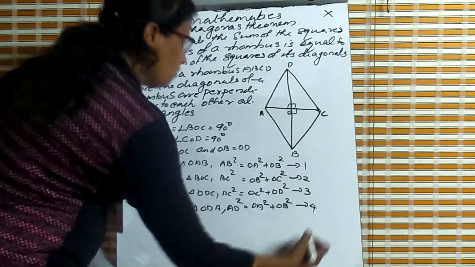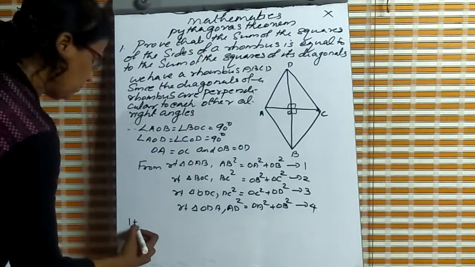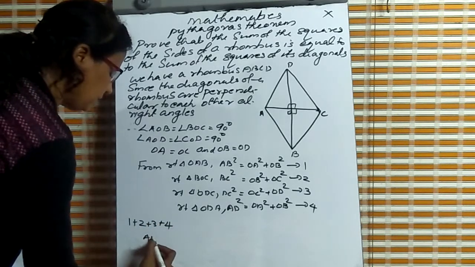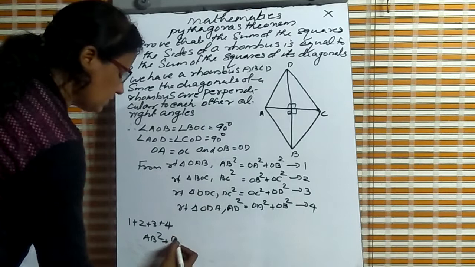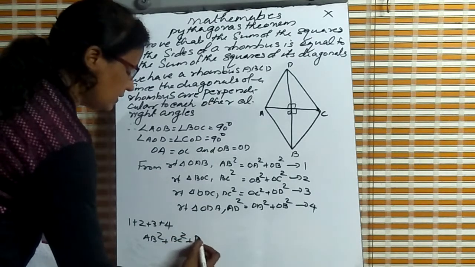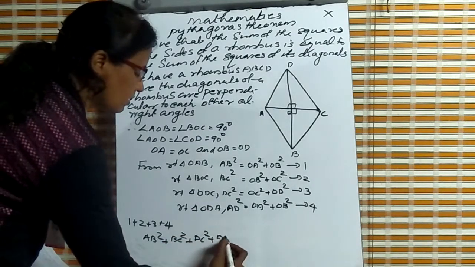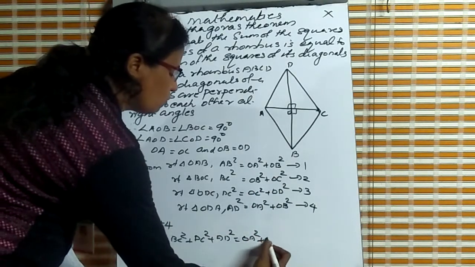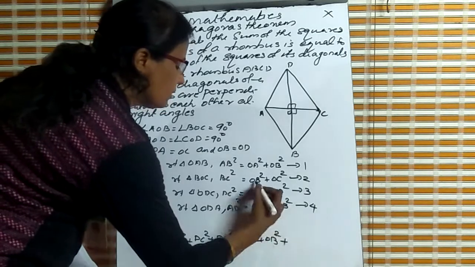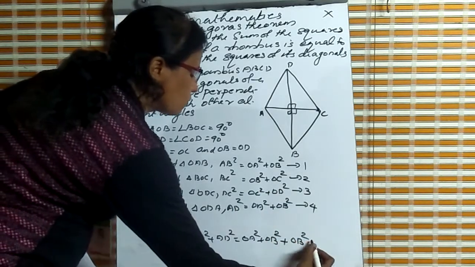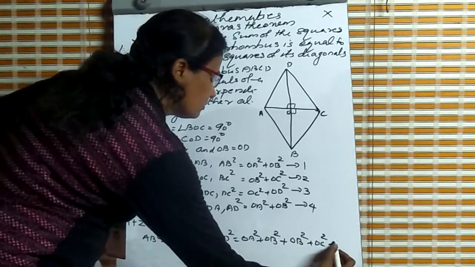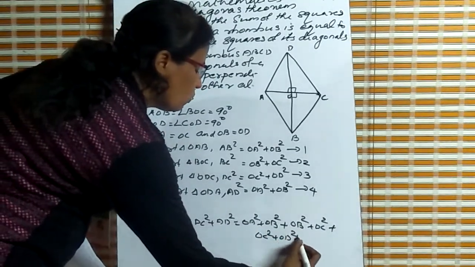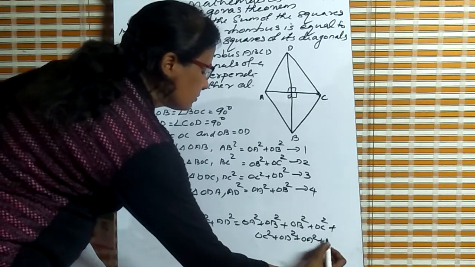This is equation 4. Adding 1 plus 2 plus 3 plus 4, AB square plus BC square plus DC square plus AD square is equal to OA square plus OB square plus OB square plus OC square plus OC square plus OD square plus OA square plus OB square.